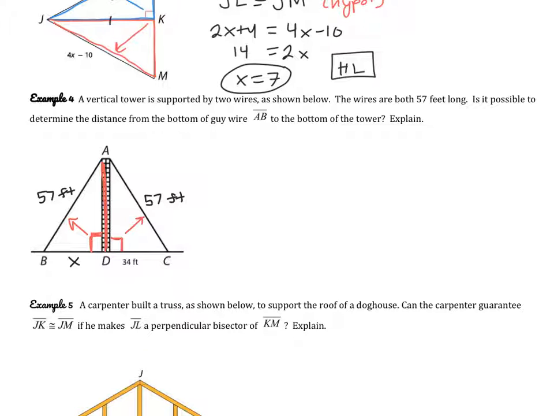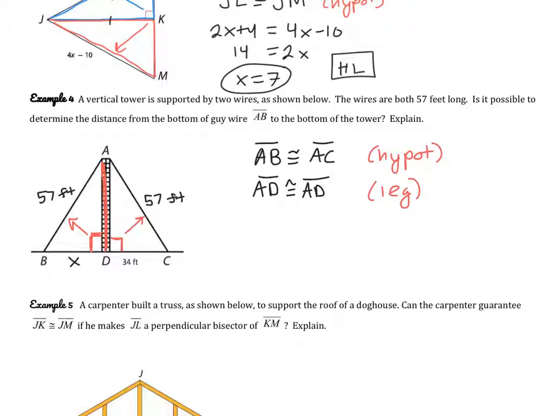So I'm going to say AB is congruent to AC. Again, that's the hypotenuse. And we can say that AD is congruent to itself. That would be the leg.